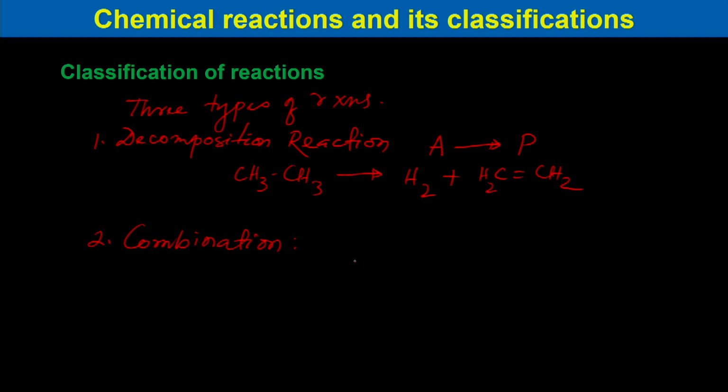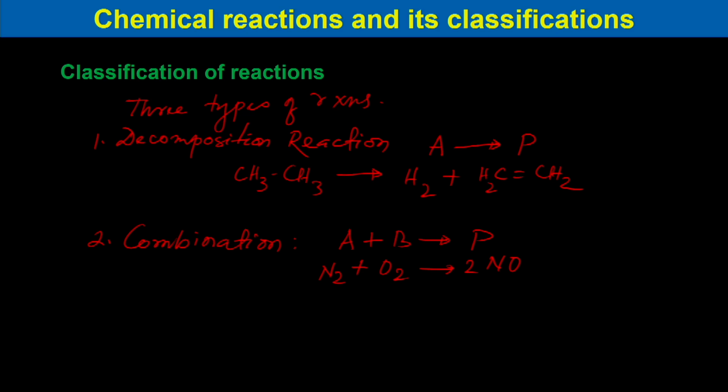For example, reactant A plus B produces product P. So, A combined with B produces product P. For example, nitrogen reacts with oxygen to produce nitric oxide. So, this is one example of a combination reaction.